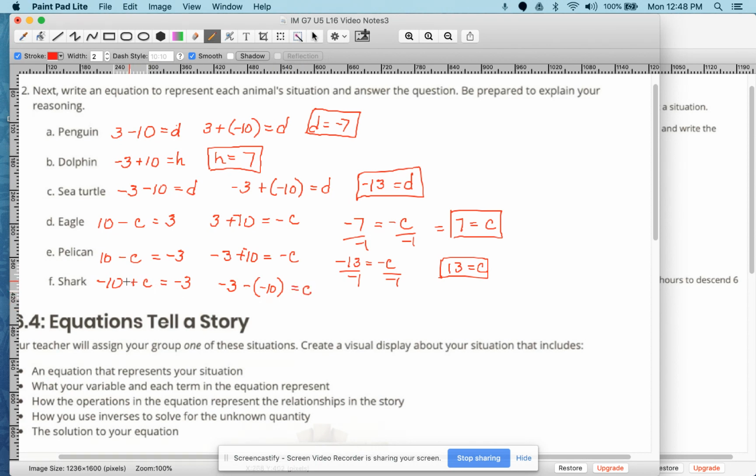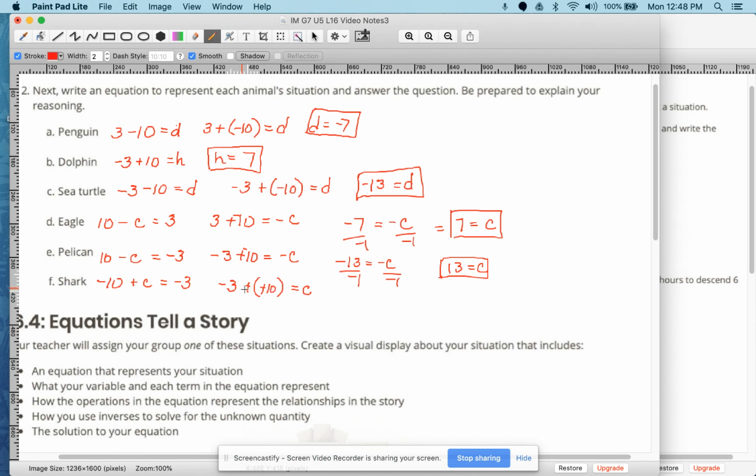Now, this time C is positive because the sign in front of C is positive. So I've got -3 minus a -10. Subtraction is adding the opposite. Now I have two numbers that I'm adding together that have opposite signs, so I know I need to take the difference.